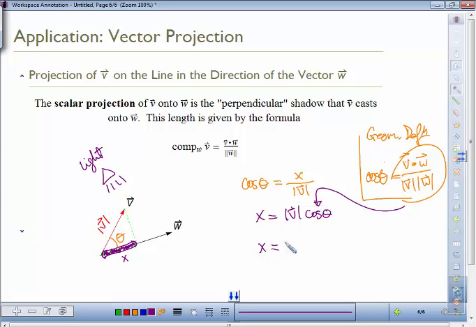So x is going to be the magnitude of V times the cosine of theta, which according to the definition is V dot W over the magnitude of V times the magnitude of W. And you see that the magnitudes of V cancel. They're scalars, so they just go away. And so here's what you have. That's what x is equal to. Okay.